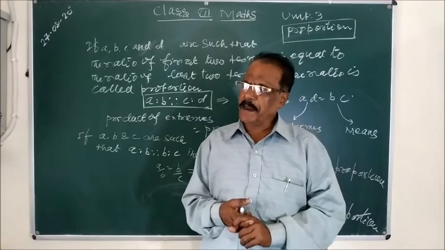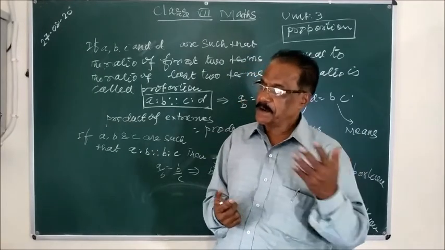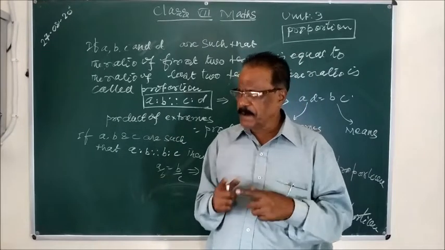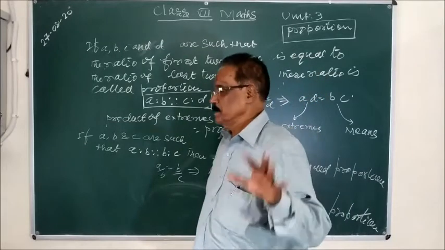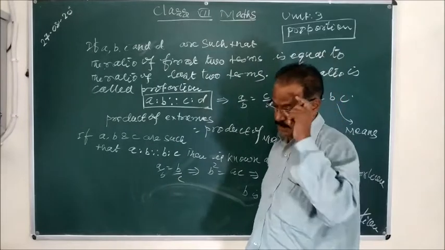We cannot compare length and height, or weight and volume. Both numbers should be of the same kind. This is the most important point that you should keep in your mind.